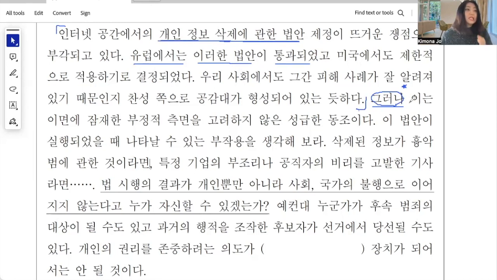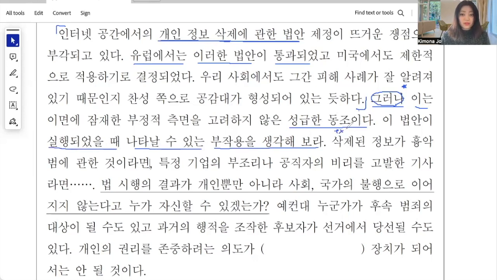However, the intention of this writing is shown here. 그러나 이는, however, this is a haste following the trend. Think about the side effects that can appear when this law is implemented.